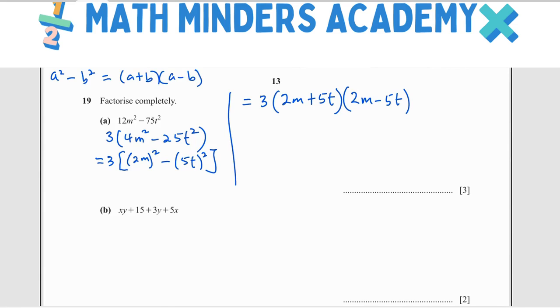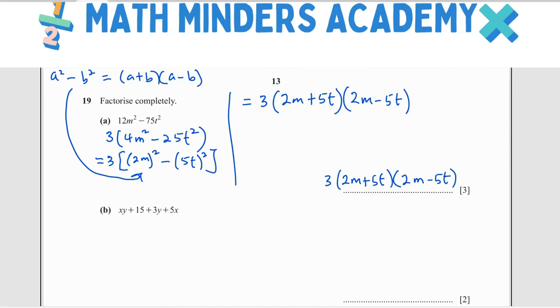So you will see that this is looking like what I have here. So I can actually write 3 into 2m plus 5t. Here I have 2m minus 5t.